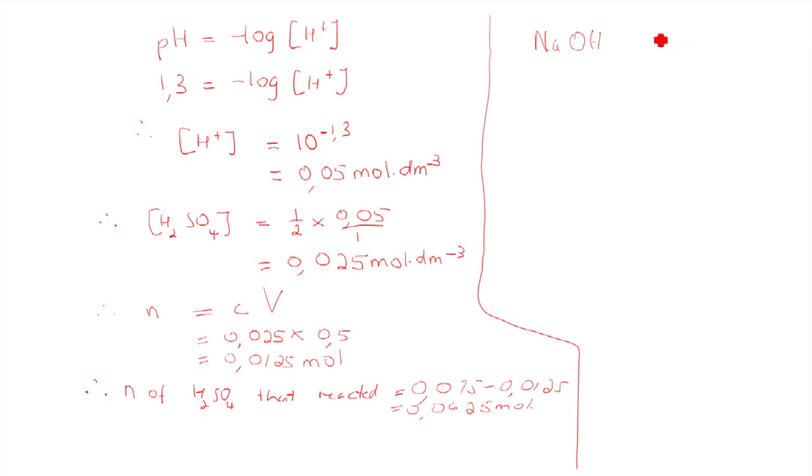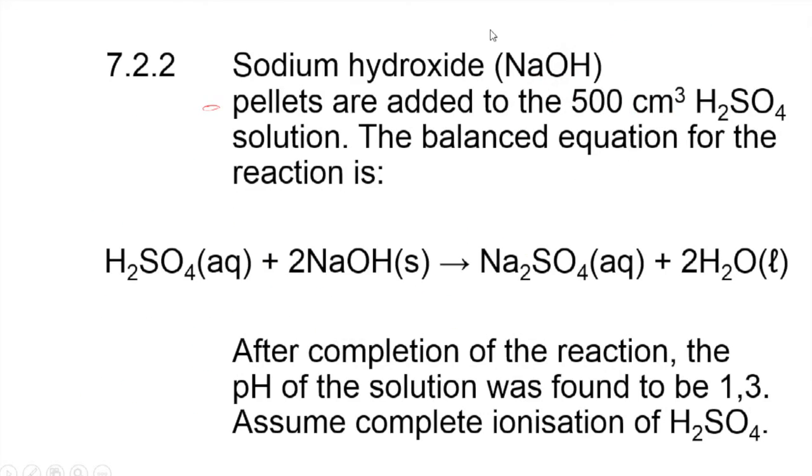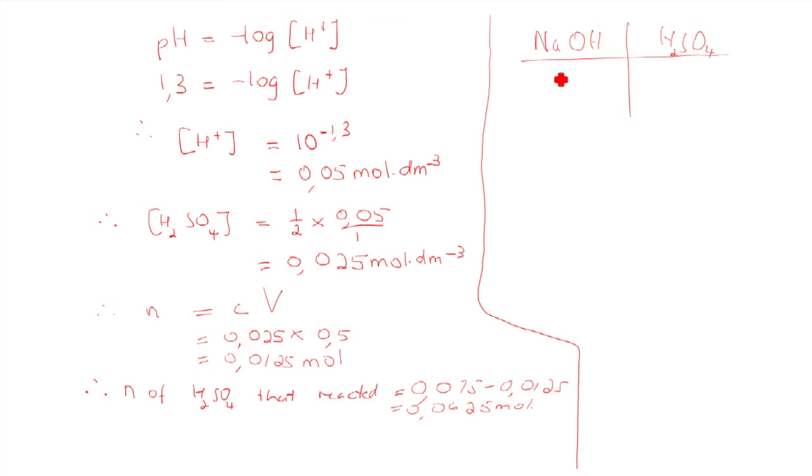Remember, we've got NaOH and H2SO4. According to the balanced equation, let's go back quickly. We've got 1:2, so we've got 2 here and 1 there. We have just found that H2SO4 is 0.0625. So 0.0625 is to 1 as X is to 2.